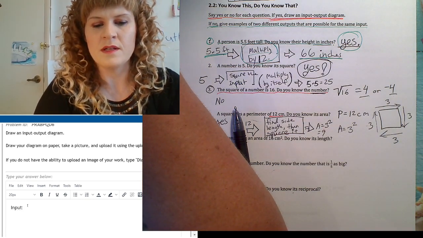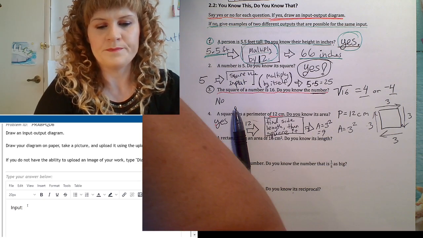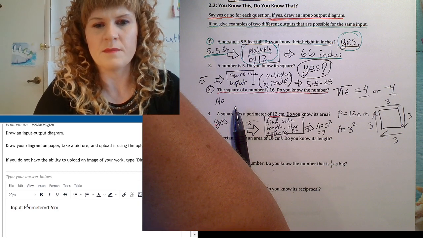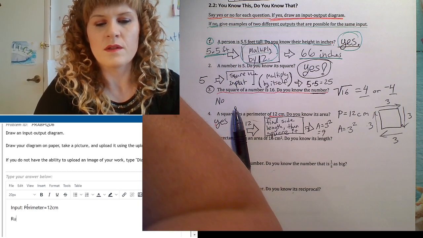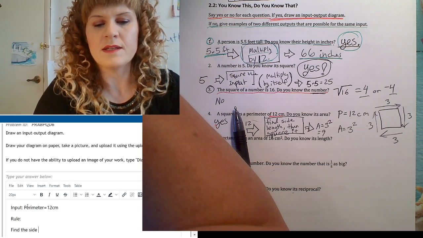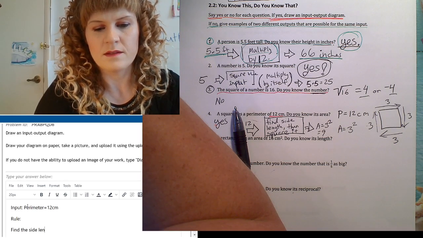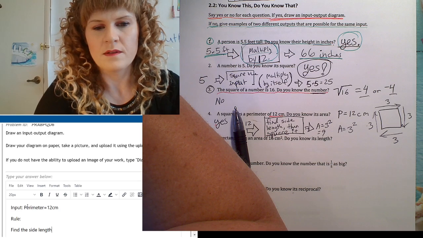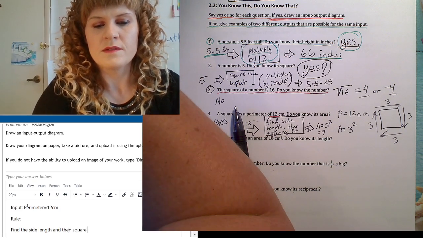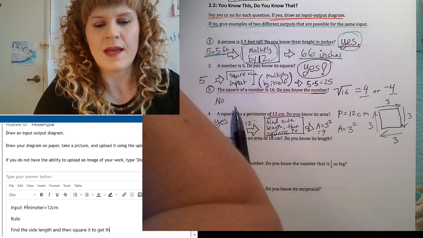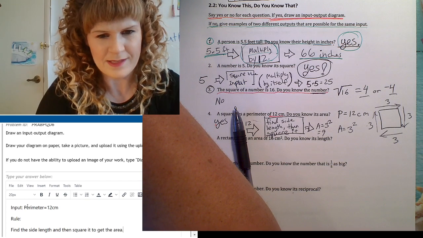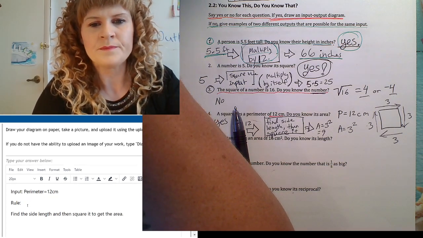A good answer. Input is perimeter equals 12 centimeters. The rule is find the side length, and then square it to get the area. It's okay if you didn't put the math for finding the side length, that's okay.